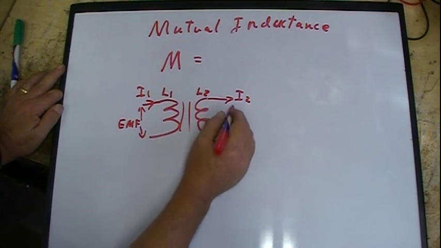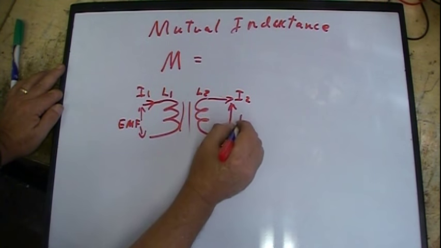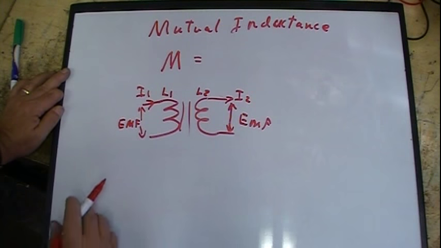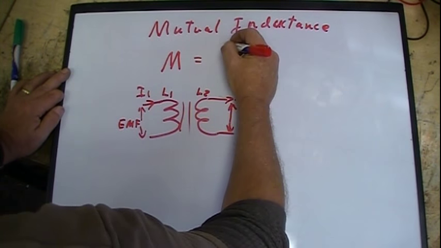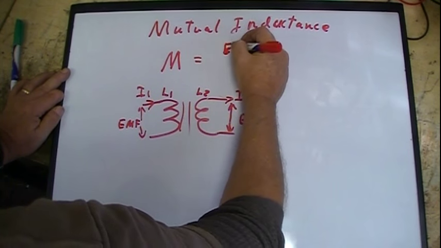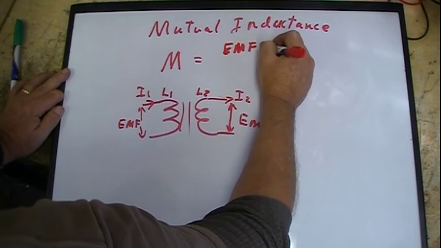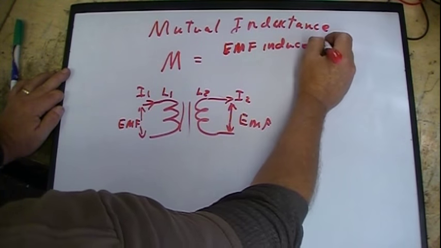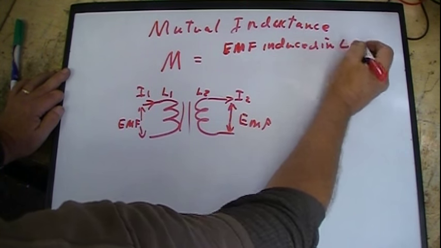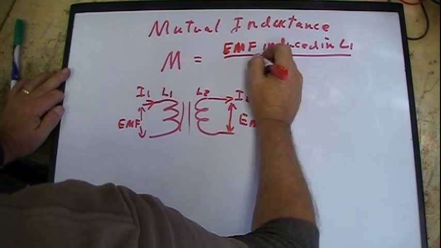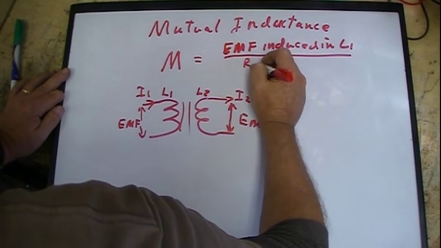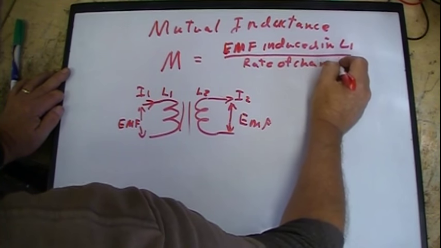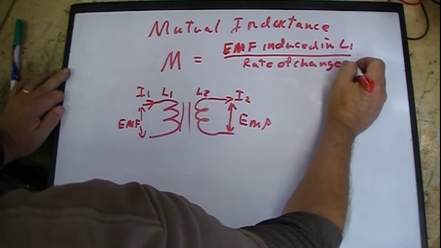And across here EMF, okay, or voltage. Mutual inductance can equal the EMF induced in L1 divided by the rate of change of I2.